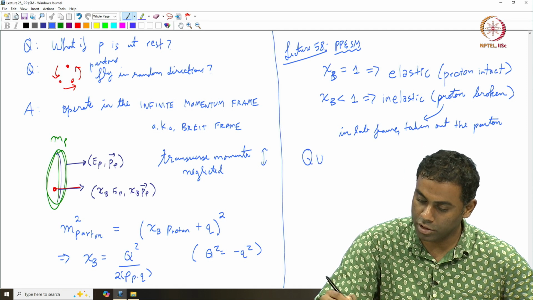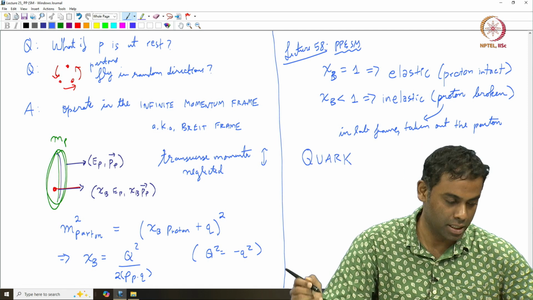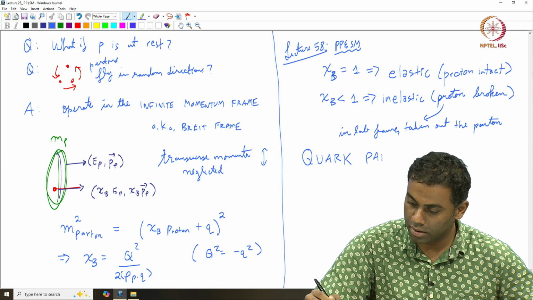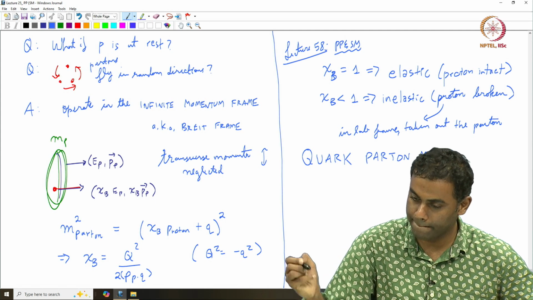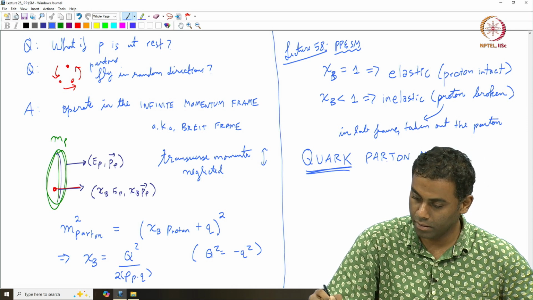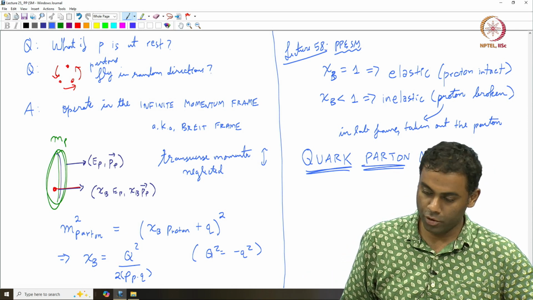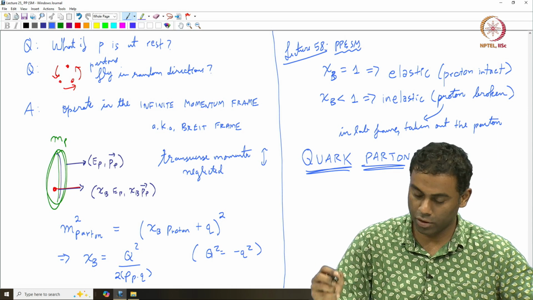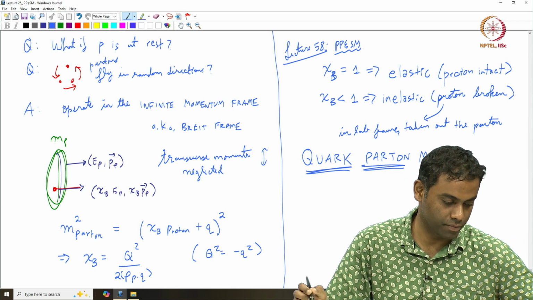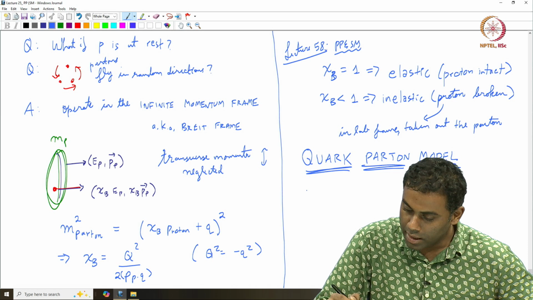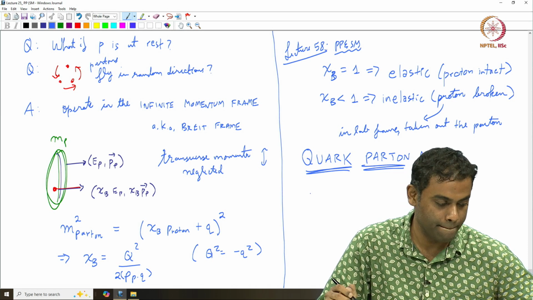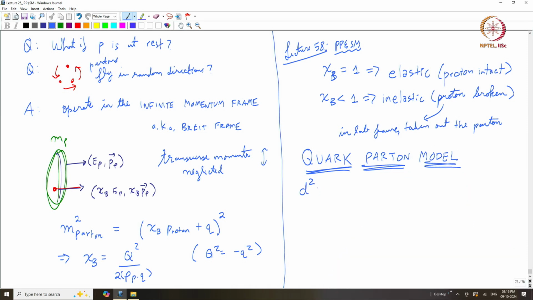And that approximation, which is a very good approximation, is called the quark-parton model. Okay. I am going to write down the equation first for this and then explain what this means, okay. In the quark-parton model, the inelastic cross section, okay.